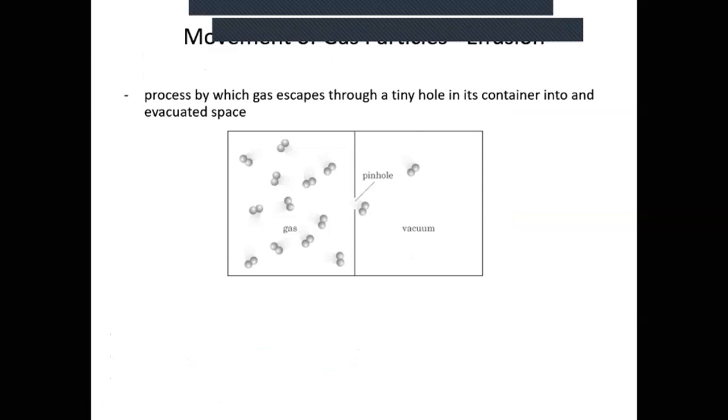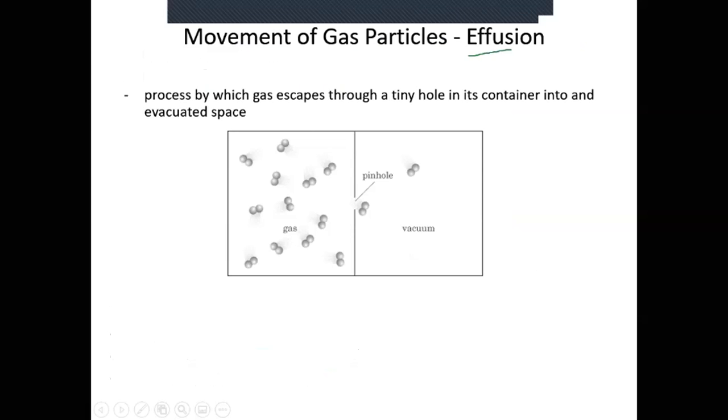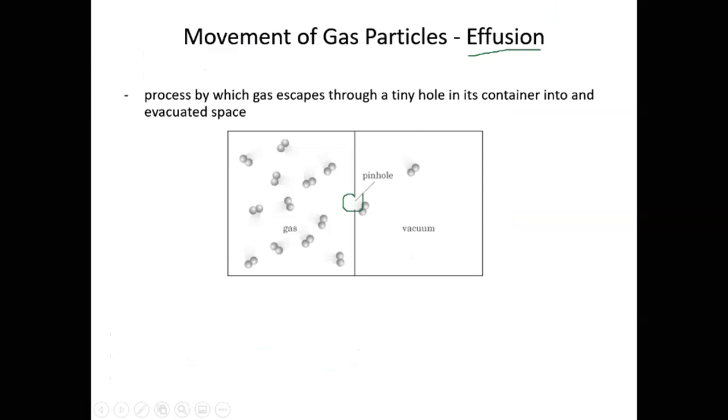So how do gas particles move? One type of way is referred to as effusion. Effusion is the movement of gas molecules through a tiny hole. So you have a tiny hole, and gas molecules move through there.